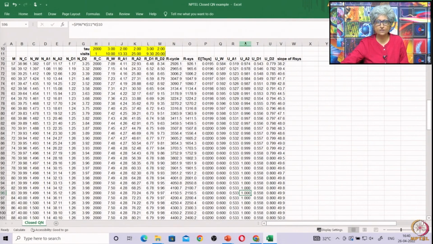This is the bottleneck server and it reaches 1 before all the other utilizations. We expect that the system throughput should flatten out at 20 requests per second. This is in milliseconds, so that is why it is 0.02. Everything here is in milliseconds, because even the response times are in milliseconds.